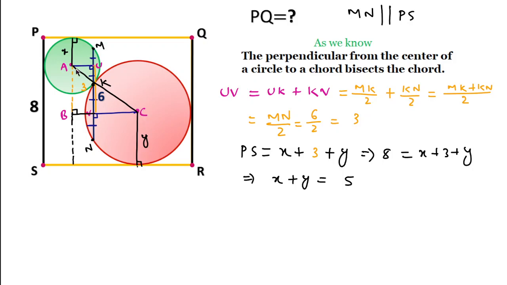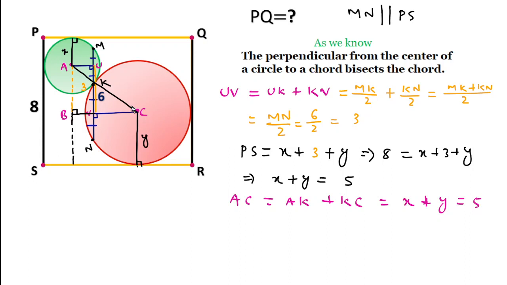AC will be equal to AK plus KC, and AK will be equal to the radius of this green circle, that is, as we have considered, X, and KC will be the radius for this red circle, as we have considered, Y units, so we will write X plus Y, and we just obtained X plus Y equals 5, so we can write 5.